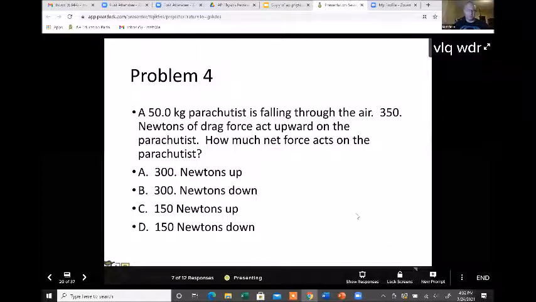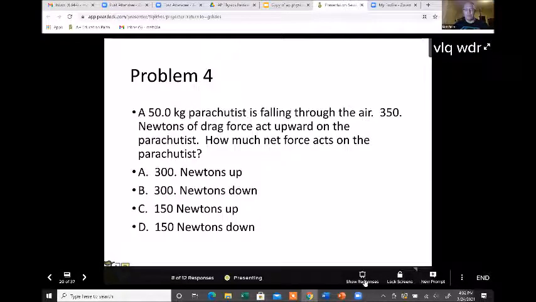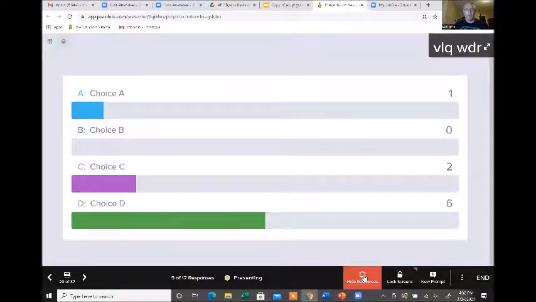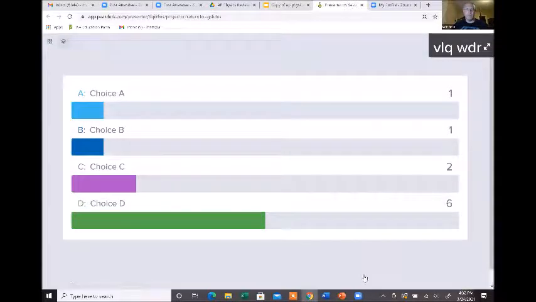I'll give you another minute or two. I'm going to see what you guys are thinking. So most of you seem to be thinking D, but we got a couple C's, and we got one each of A and B.